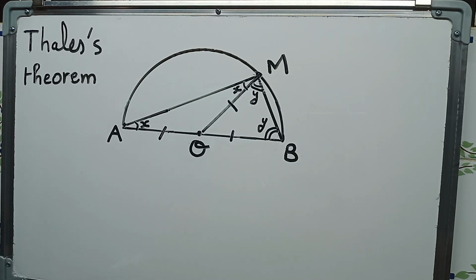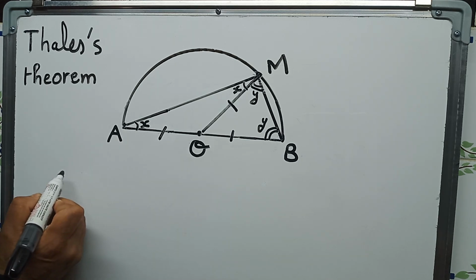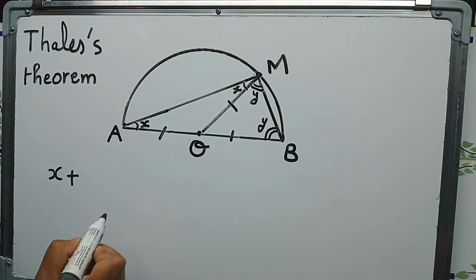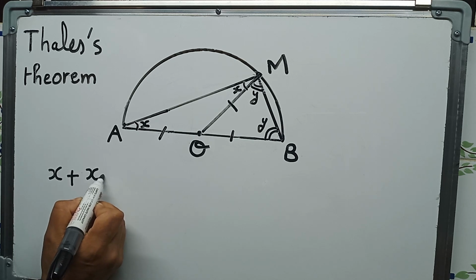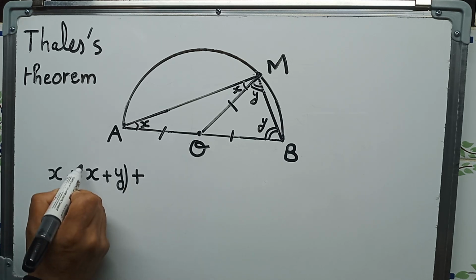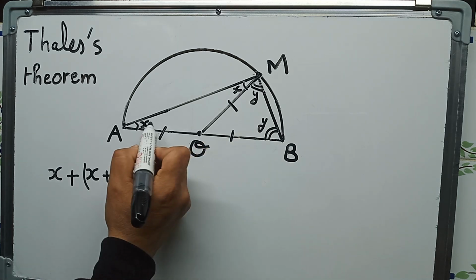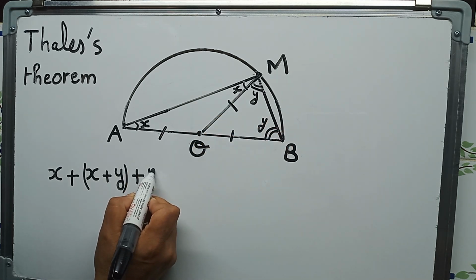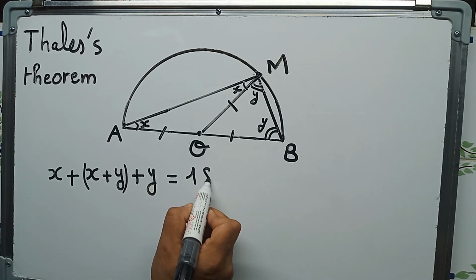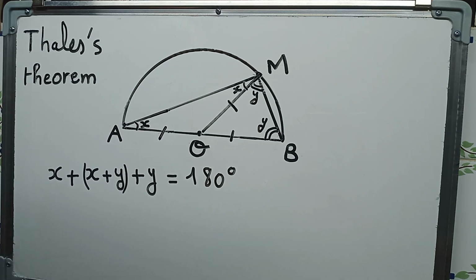Now let's write our sum. We know that the sum of angles in a triangle is equal to 180 degrees. So here we have this angle X plus this angle X plus Y, plus this angle Y is equal to 180 degrees.